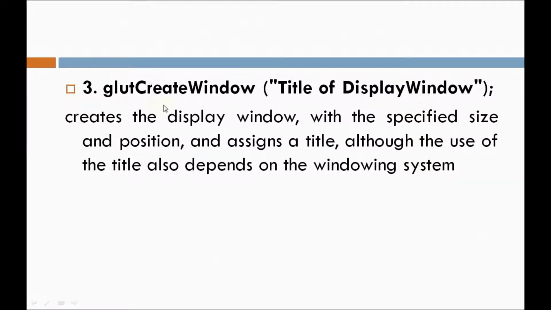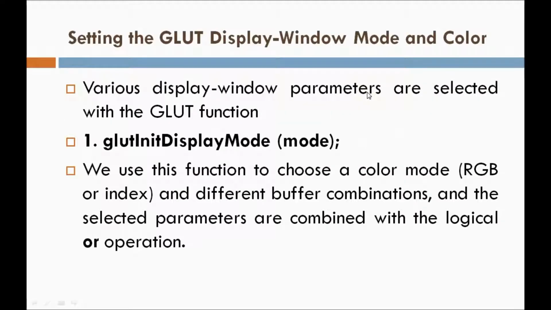This command is going to create the display window with the specified size and position, and also assign a title and a window name to the display window. So first we set the projection parameters using a projection matrix, then we set the clipping window, then the viewport, then the display window to display my image using the clipping window on the viewport, right?